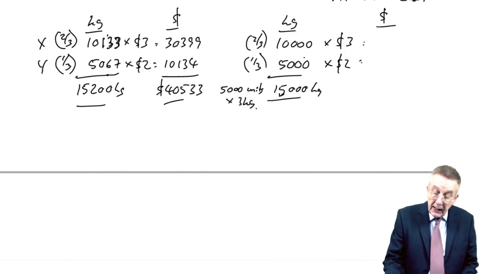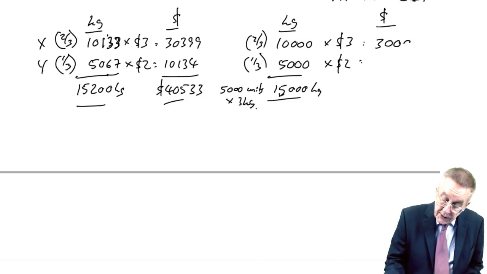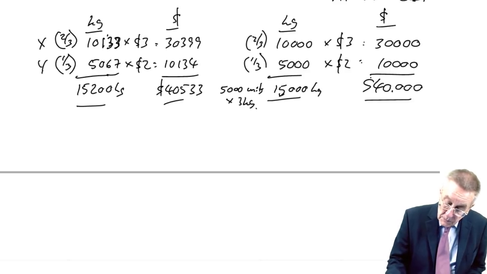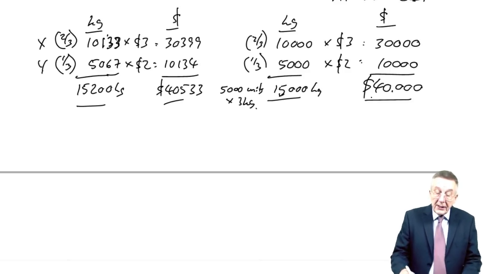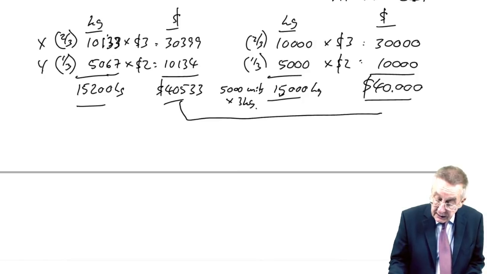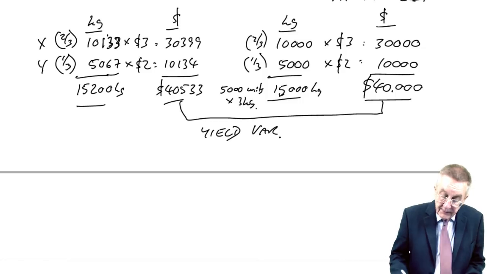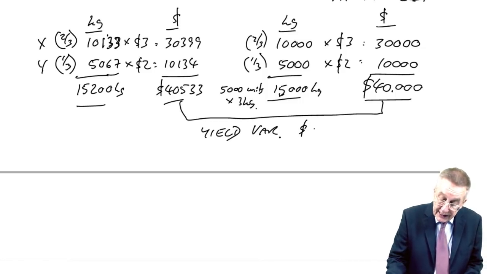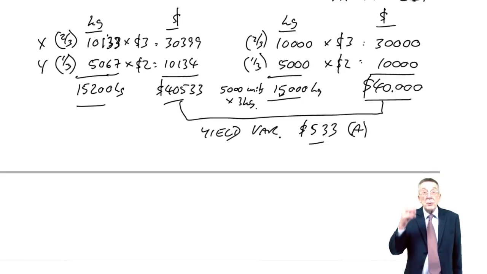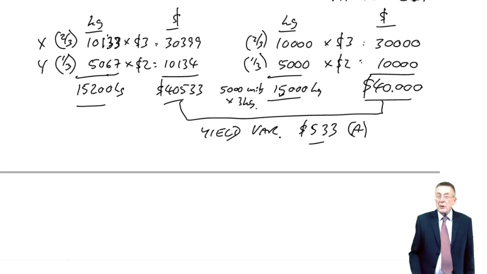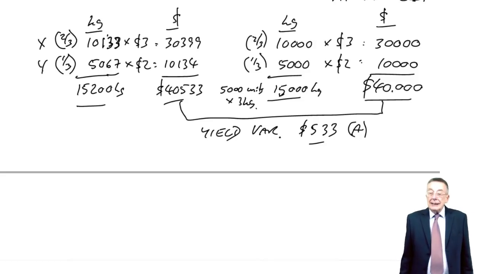Using the correct quantities would have cost 30,000 and 10,000. Total 40,000. Well, the difference is our yield variance. A difference of 533. And of course it's adverse. We already knew it was going to be adverse. We used in total more kilos than we should have done. That on its own cost us more than it should have done.